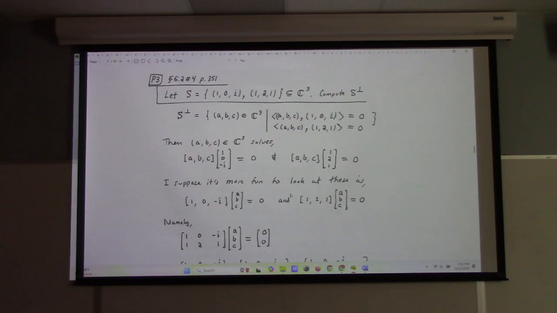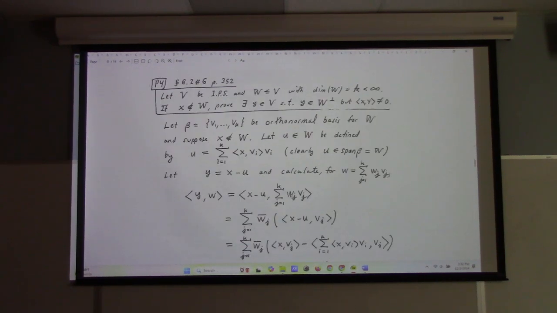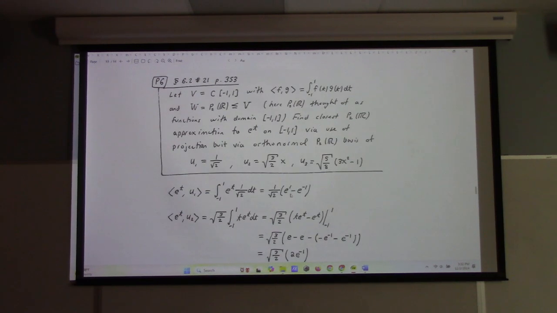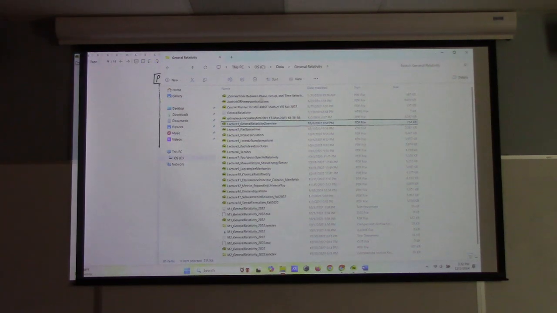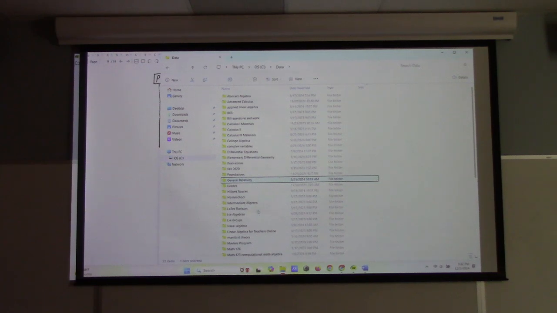So all the Riesz vector is, where's that thing? Was that in here? Where was I? Uh-oh, general relativity.